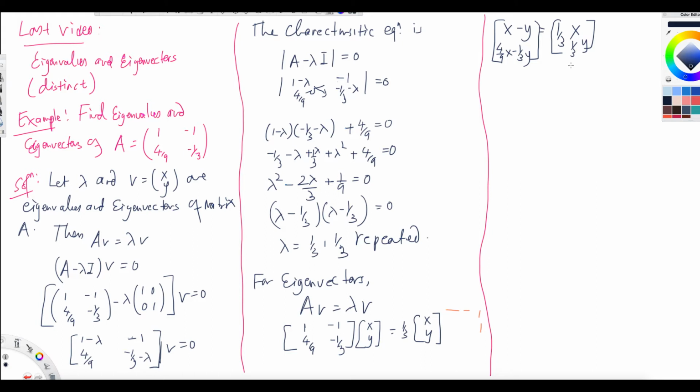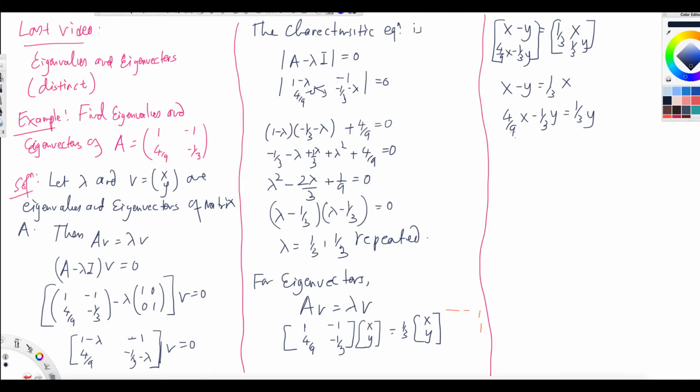Basically, if you set them equal, the first one is X minus Y equals 1/3 X, and then 4/9 X minus 1/3 Y equals 1/3 Y. From the first one, you need to bring that 1/3 to the left side and Y to the other side.